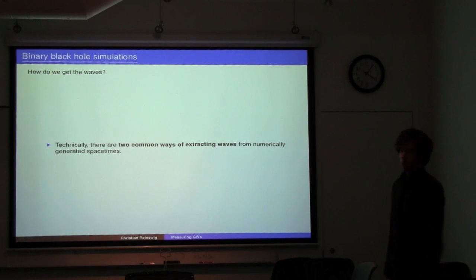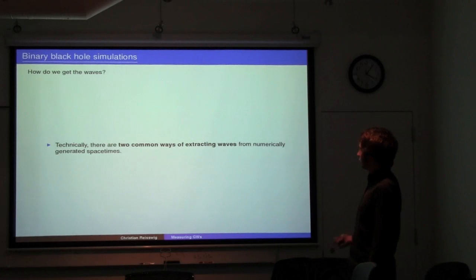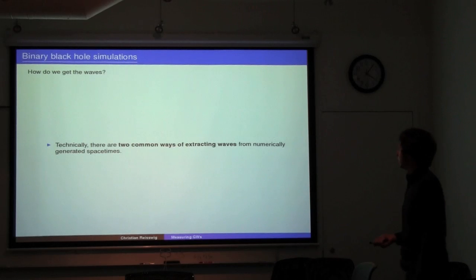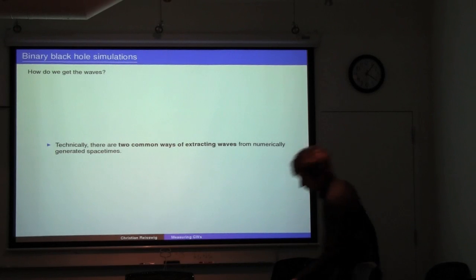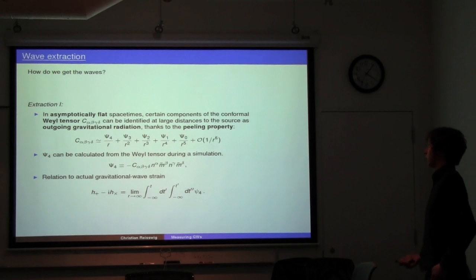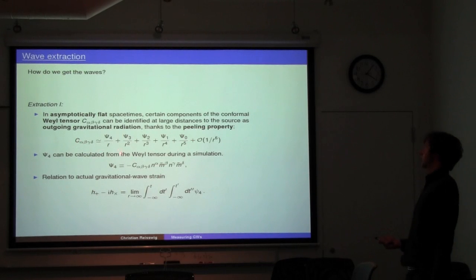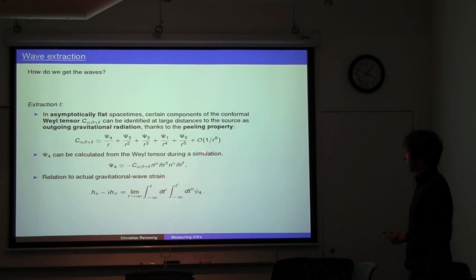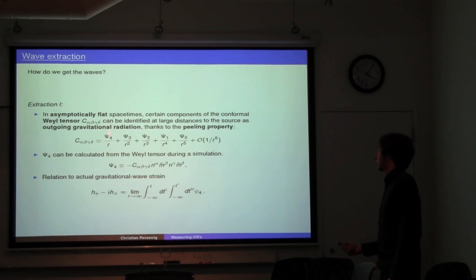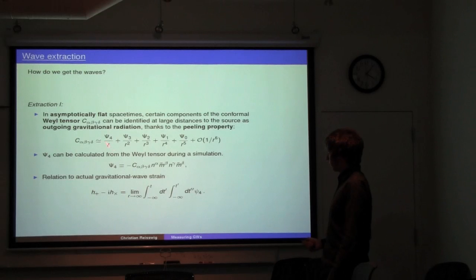Once you've computed the metric in your spacetime, you're interested in extracting the gravitational waves from the numerical spacetime, and there are two common ways of doing that. One technique that is nowadays used relies on psi4. This is a certain component of the Weyl tensor, and thanks to the peeling property of the Weyl tensor at large distances to the source, the Weyl tensor can be decomposed into five different components, and psi4 is the one with the slowest fall-off, 1 over r with the distance to the source.